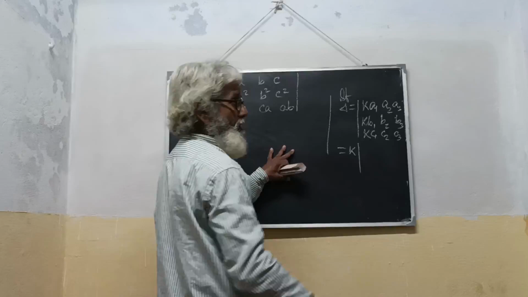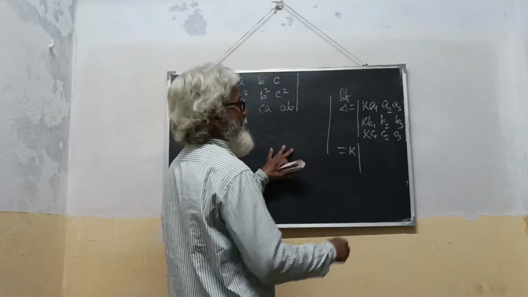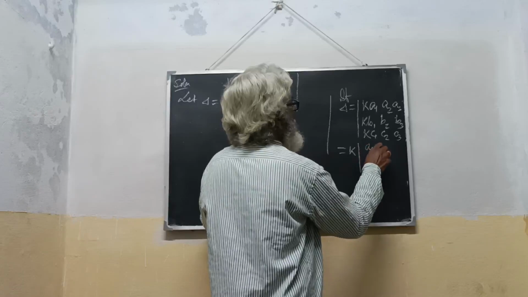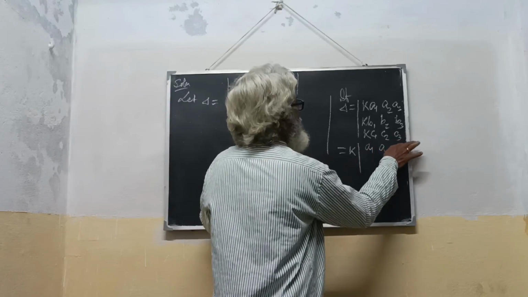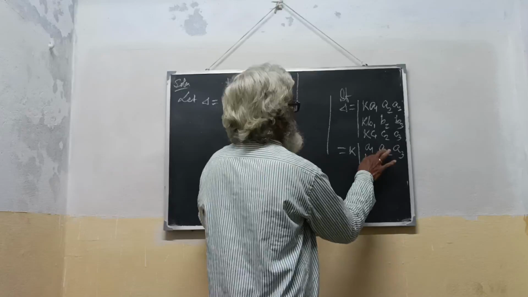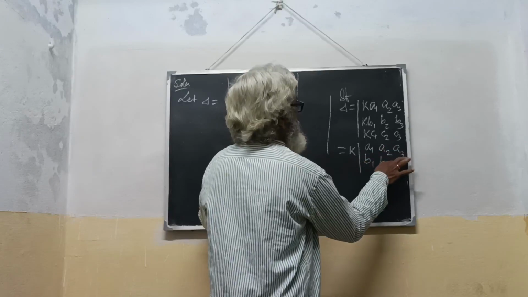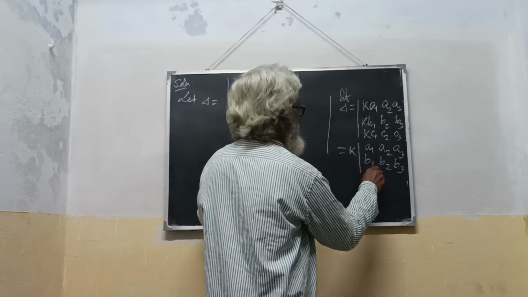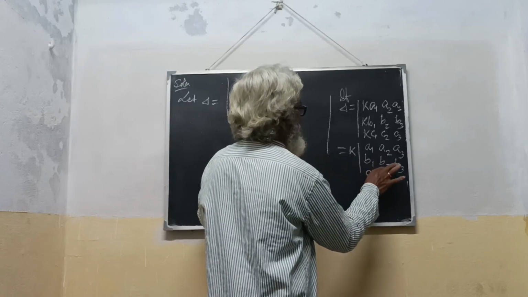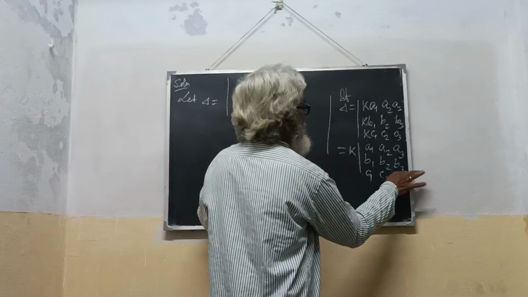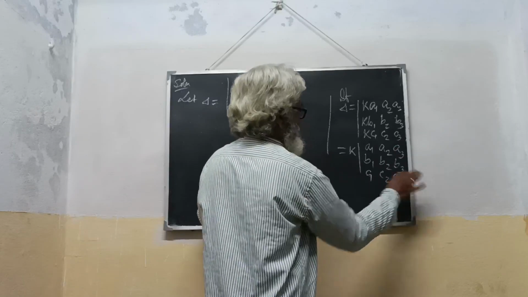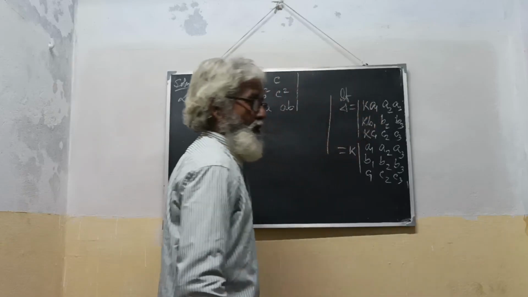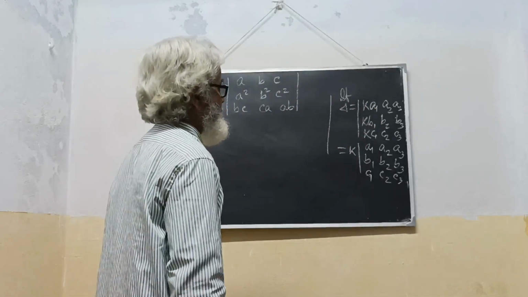That can be taken outside because it is a common factor to all the elements of first column. A1, A2, A3, B1, B2, B3, C1, C2, C3, where K is a non-zero constant.